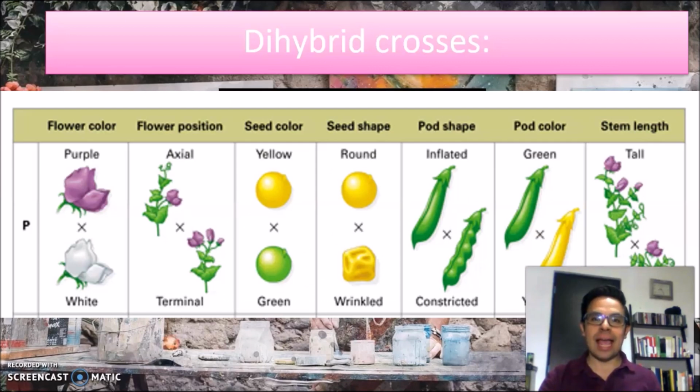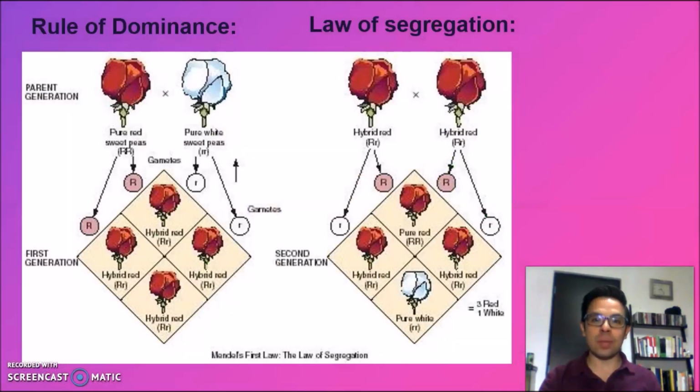The first observation led us to the rule of dominance. The rule of dominance explains that if we have 2 pure-breed organisms, one being dominant and one being recessive, all the offspring must be heterozygous and will have the phenotype of the dominant allele. This is a pure-breed organism for the dominant R allele, and this is a pure-breed organism for a recessive trait.